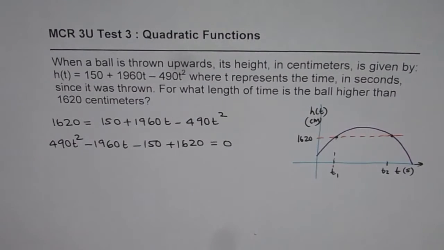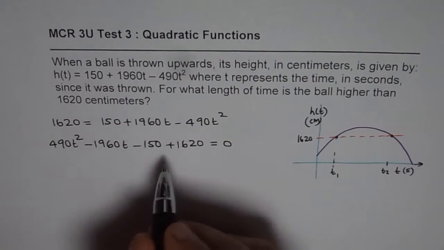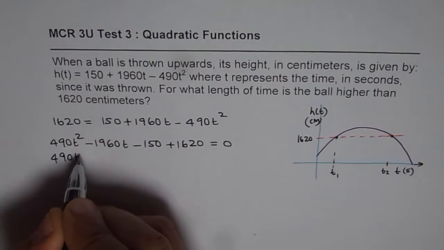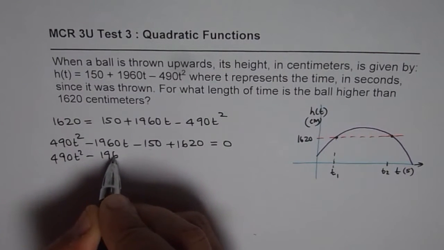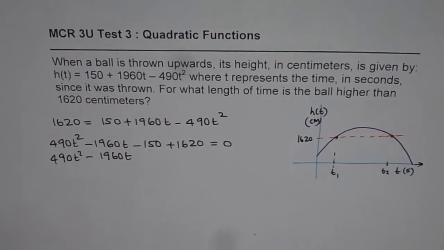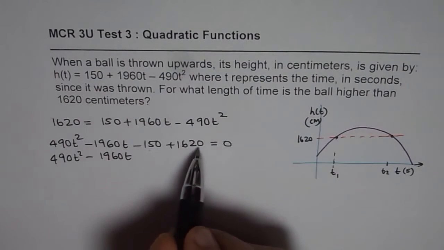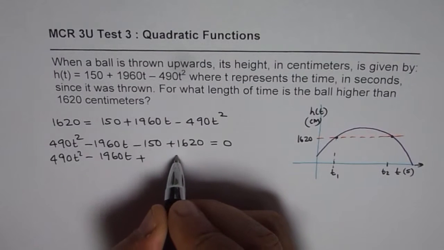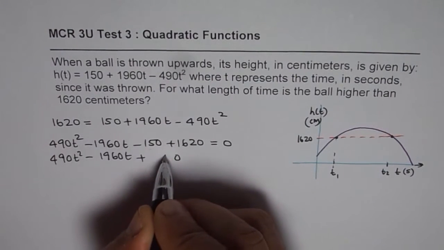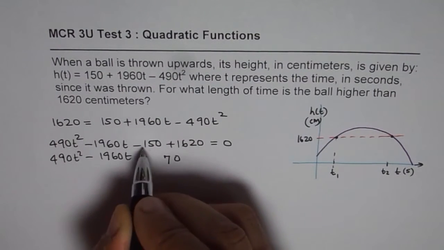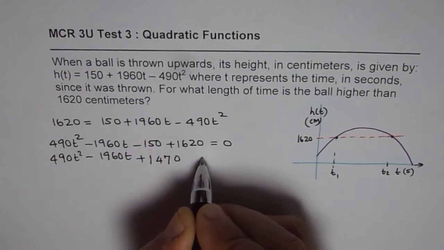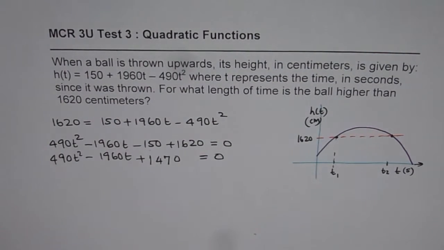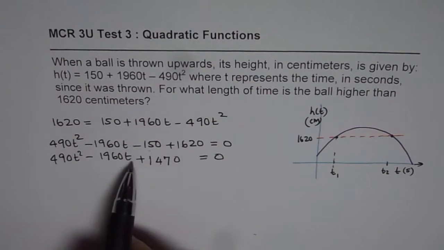We'll need a calculator to solve this. We have 490t² - 1960t, and we take 150 away from 1620, so we get plus 1470 = 0.